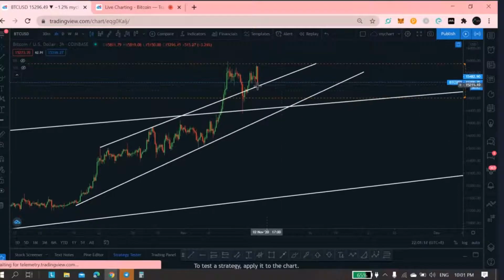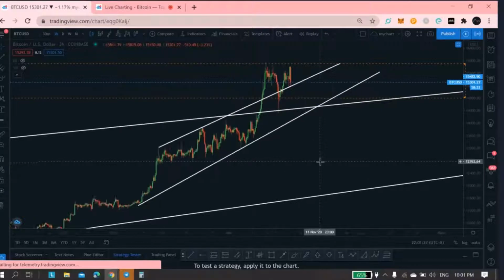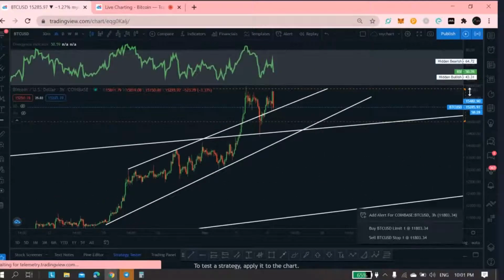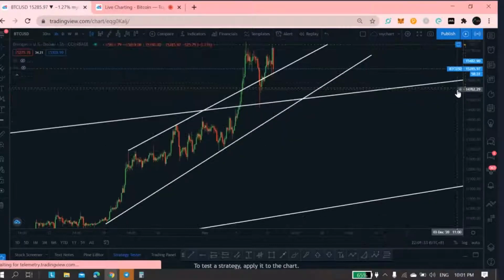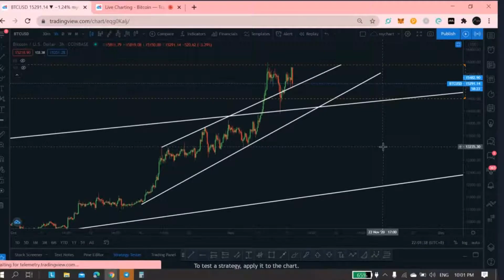Anyway, let's see if this holds, because a while ago I was just looking at this area. So anyway, as traders, every day is a new learning.